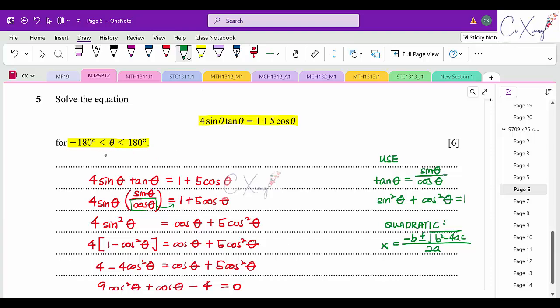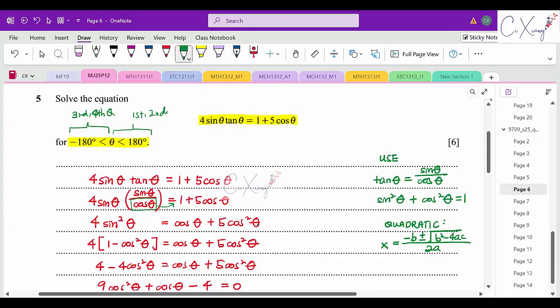That means you need to consider the negative angle from 0 to negative 180, and the positive angle from 0 to positive 180. The negative angle, 0 to negative 180, is basically the third and the fourth quadrant. The positive angle, 0 to 180, will be the first and also the second quadrant.